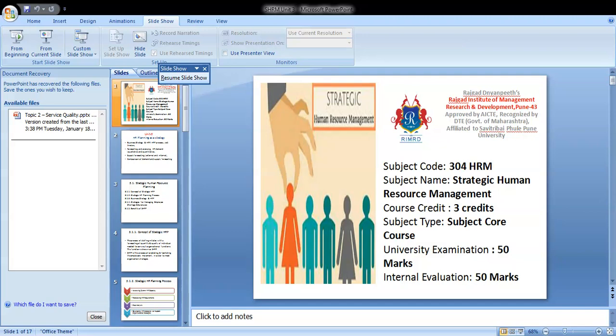So starting from 3.1.1 concept of strategic human resource planning. The process of staffing initiates with a forecasting of quantity and quality of individuals needed to carry out organizational functions. So these functions are known as strategic human resource planning, that is SHRP.